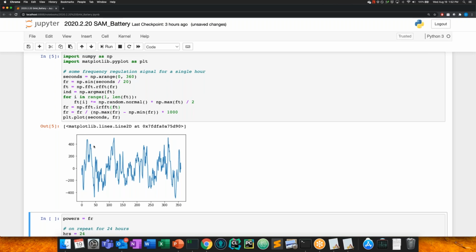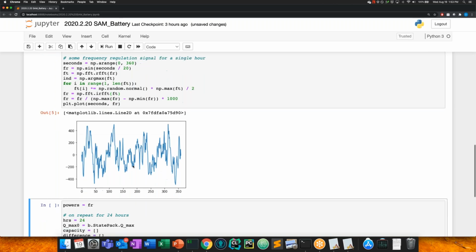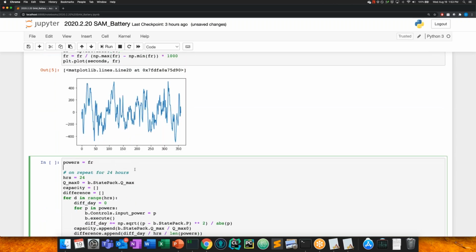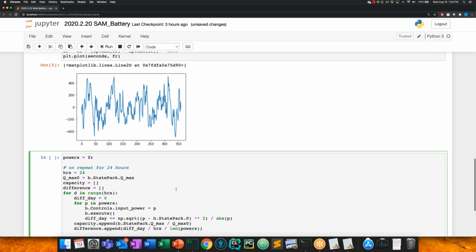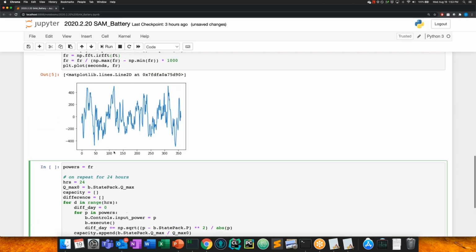Now I'm going to use this signal as an input to the battery dispatch. I set the powers to this frequency regulation signal, and I'm just going to repeat this hour of dispatch. So this is for 24 hours.